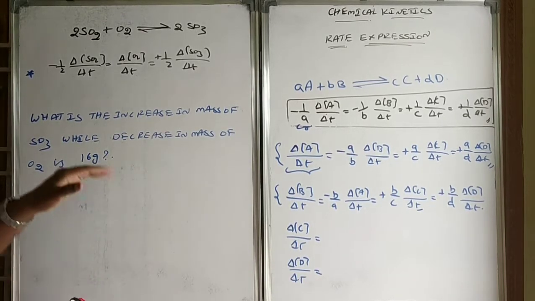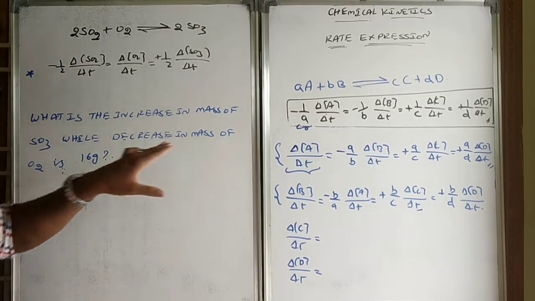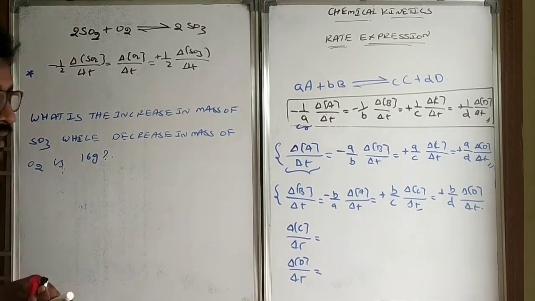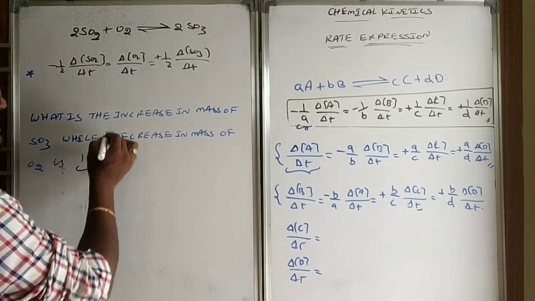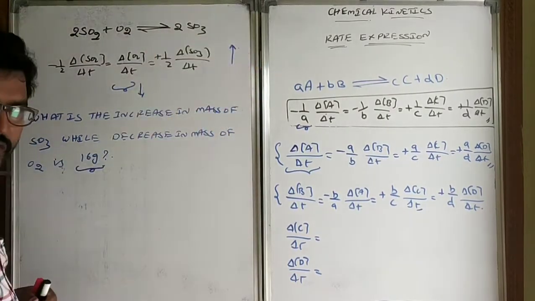Like this they will ask you. So while 16 grams of oxygen is decreasing, what will be the increase in mass of SO3?